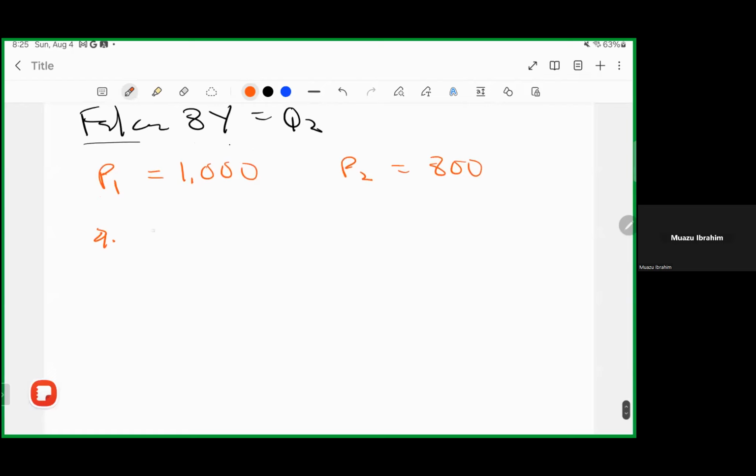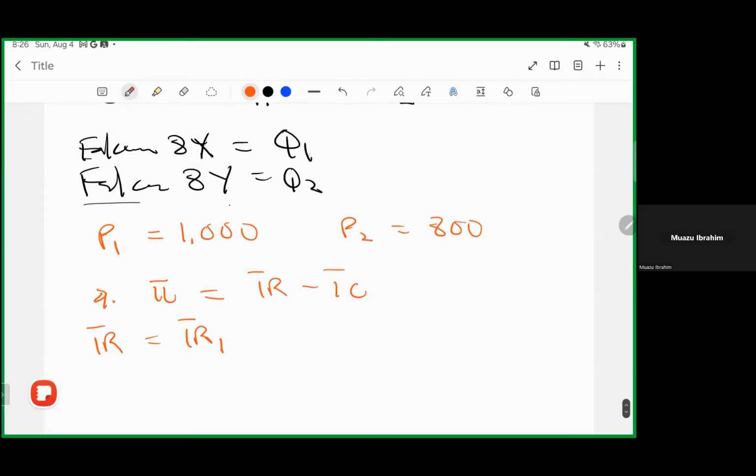And we know profit, like I mentioned earlier, is the same thing as total revenue minus total cost. Are we together? But the firm has 2 products. So the firm's total revenue will be the total revenue from output 1, how much you will get for selling Falcon 8x, which is Q1, plus how much you are going to get from selling quantity Q2, which is Falcon 8y.